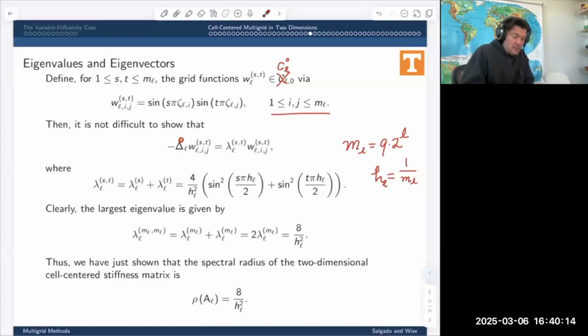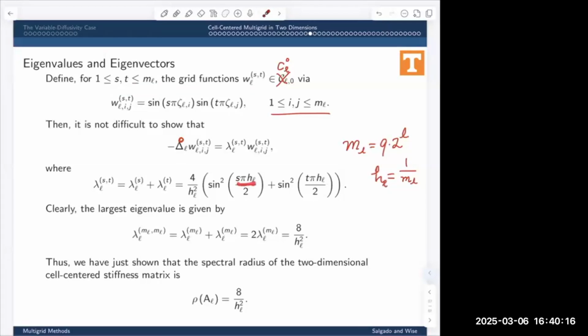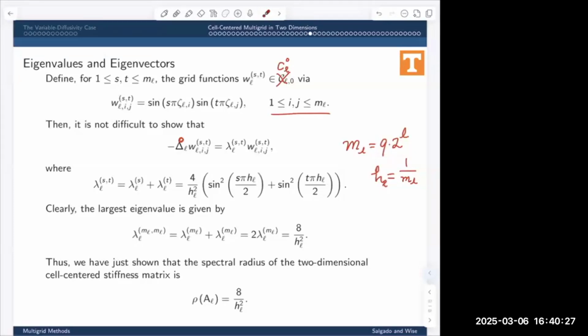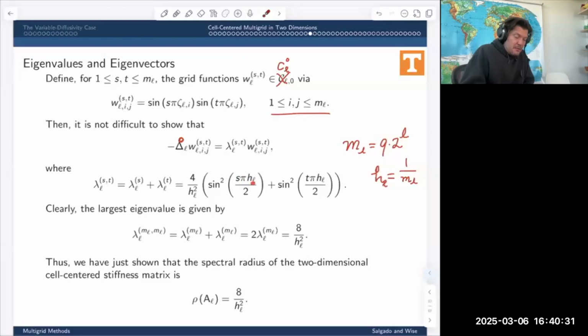Oh, so for the largest one, the Q cancel each other then. They do, right? Because I just get ML over ML. It doesn't care what that value is. Okay. Sorry, I'm just paranoid. No, that's okay. It's S times HL whenever S is largest, which is where we get the largest eigenvalues, and I do get the cancellation of that.